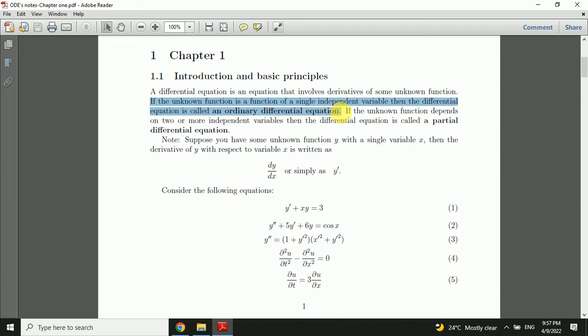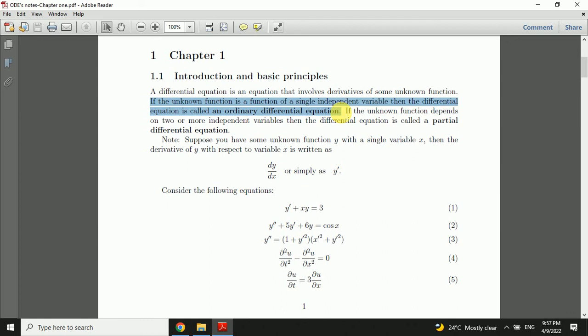What does this mean? You can have a function, say y, we don't know y equaling to something, okay? Several times, I'm very sure you have also come across equations where you have many unknowns.